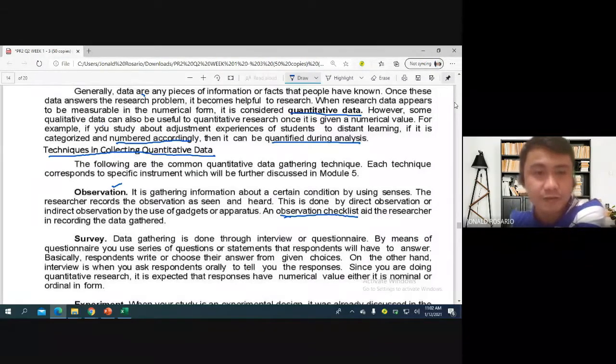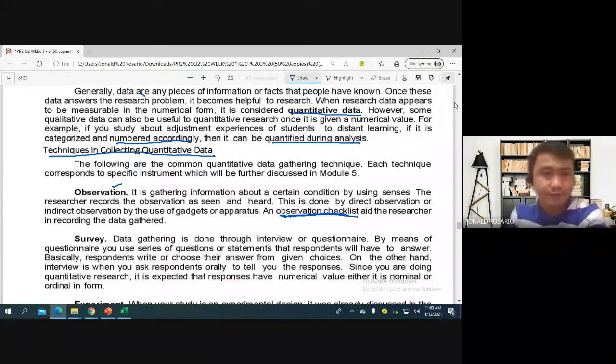Ino-observe mo kung gaano kabilis, ano na yung length nung stem ng isang halaman sa araw na ito, and so on. That's observation. Or nakakailang itlog ang isang manok sa isang linggo, for example. That's observation. Kaya mayroon tayong dapat observation checklist na ginagamit.